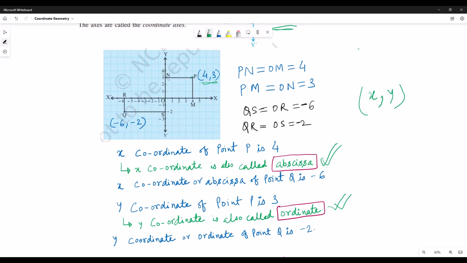To locate this point, you have to see how much distance it is from the y-axis. The distance from the y-axis is the x coordinate. You need to understand this. And how much distance away it is from the x-axis, that is in the y direction.